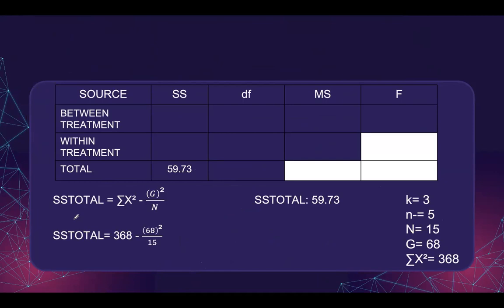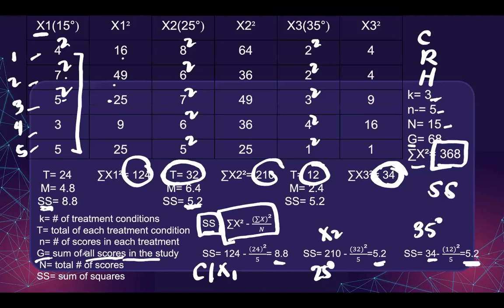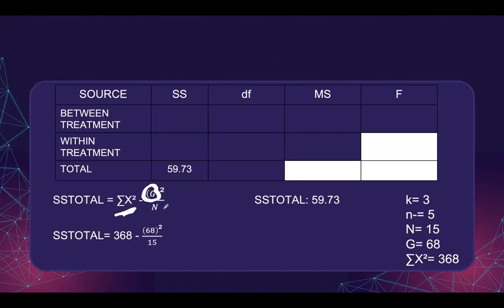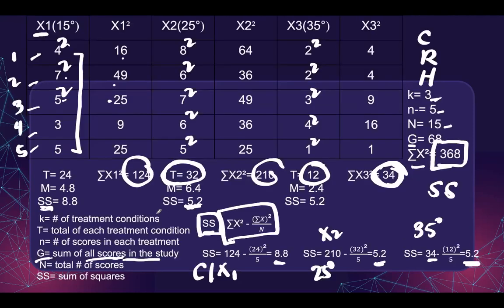So the total sum of squares is computed by the summation of the x squared minus the total of the scores, the sum of all the scores in the study, squared, divided by N, the big letter N, the total number of scores.